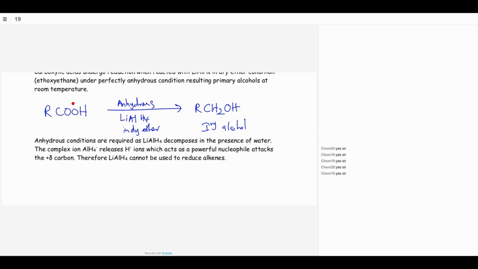Therefore, we cannot use lithium aluminium hydride to reduce alkenes. Carbon-carbon double bonds cannot be reduced effectively with lithium aluminium hydride, because it releases the hydride ion, not the hydrogen ions.